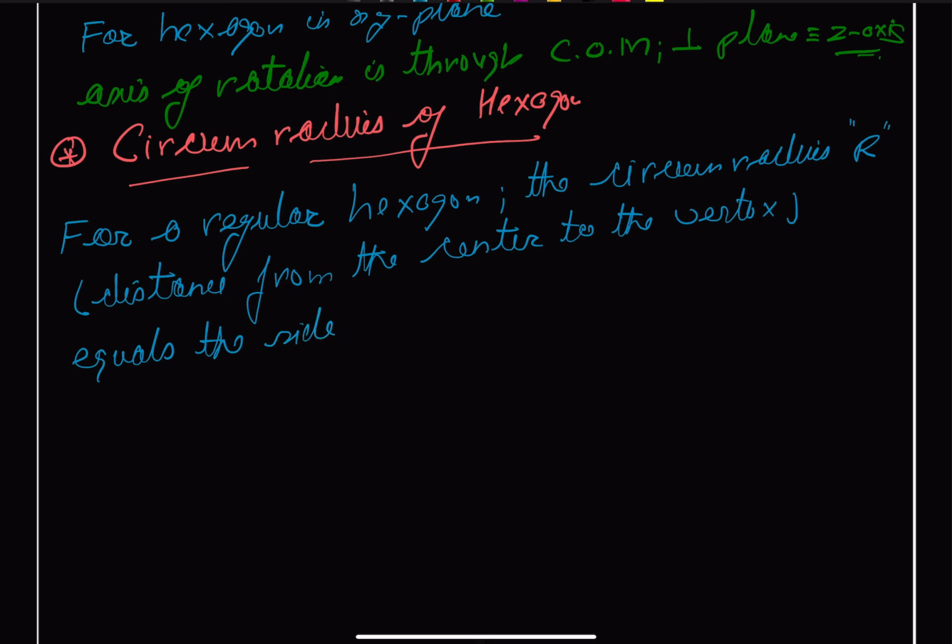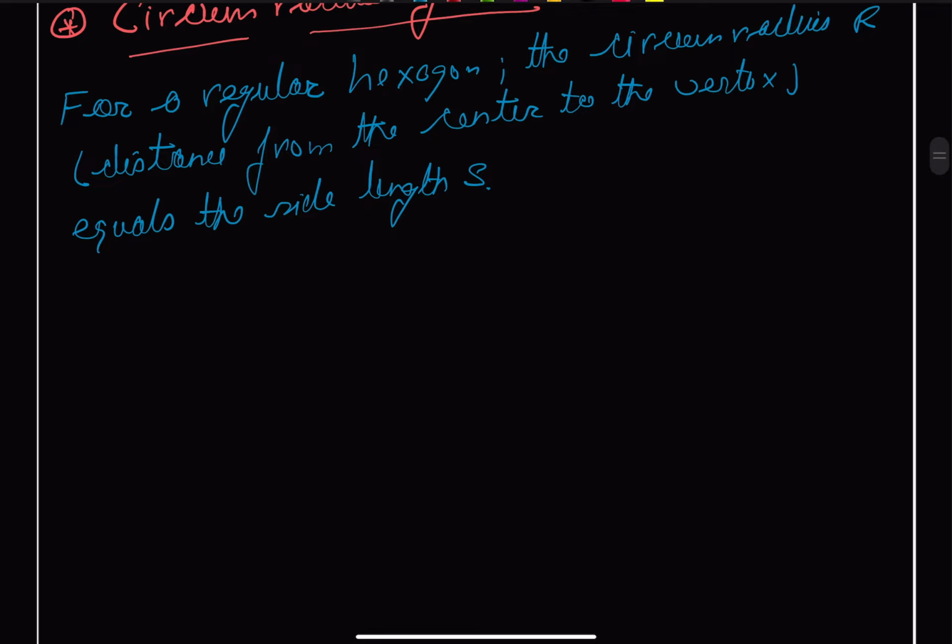This is the basic property of our hexagon: circumradius of a hexagon is equal to side length, and side length we represent as S. Therefore, we can say that our radius R will be equal to our side length S, which is equal to 0.4 meters.